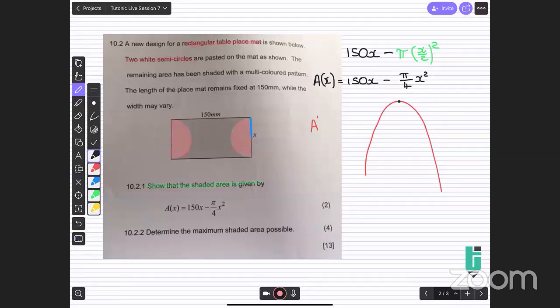Do you see how there's only one place where the derivative equals naught? Because there's only one turning point, one stationary point, and that's over here. Nafisa? Yes. So when you find the derivative and make it equal to naught, you are implicitly finding the maximum.